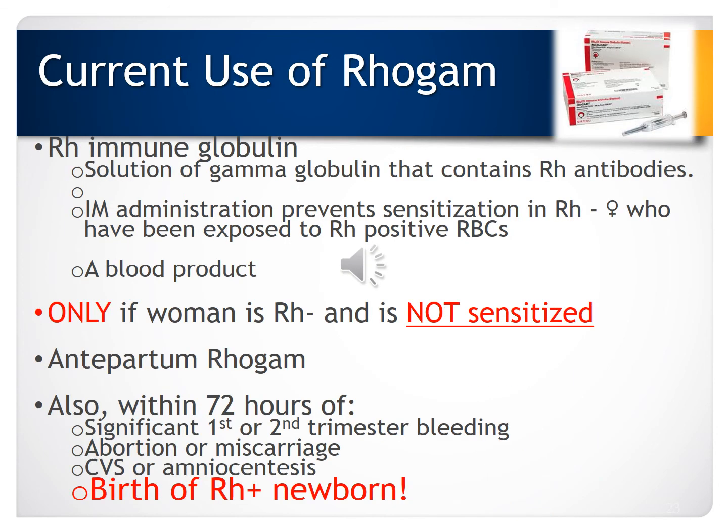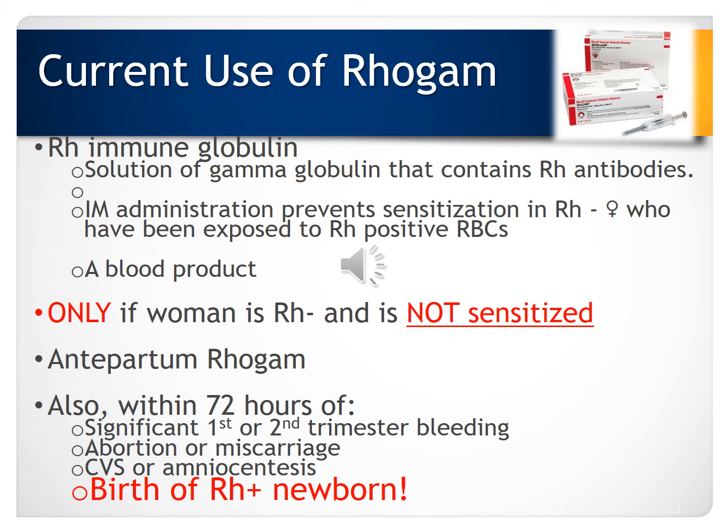So I've talked a lot about Rhogam, right? And so Rhogam basically tries to prevent the mom from becoming sensitized. What Rhogam does is it blocks, it kind of hides and shields that Rh positive antigen from the fetus so that the mom doesn't recognize it and therefore she doesn't develop antibodies.